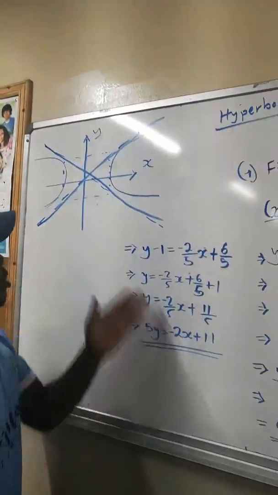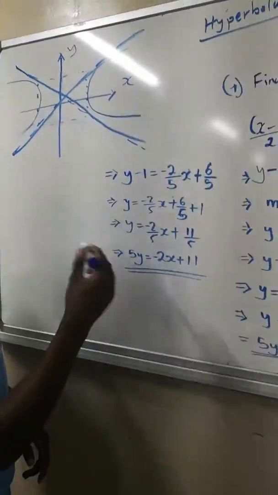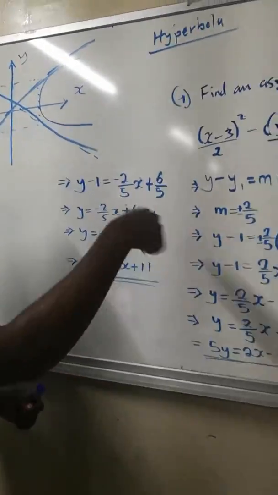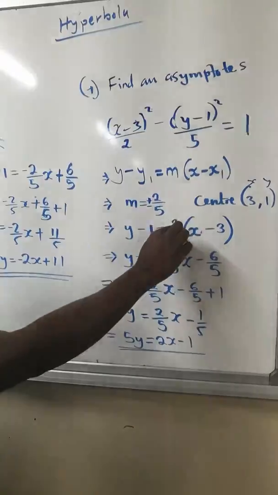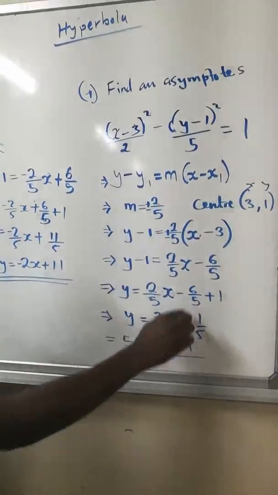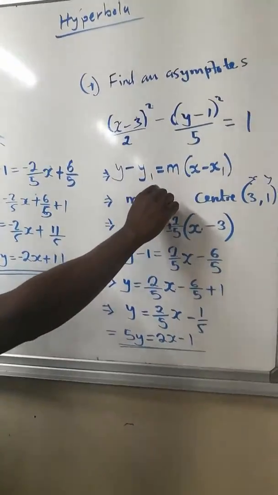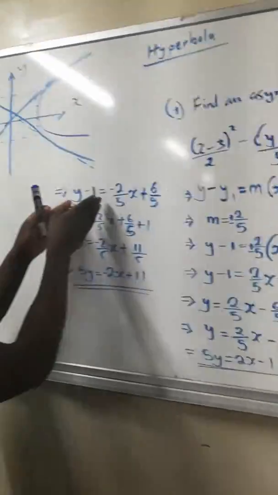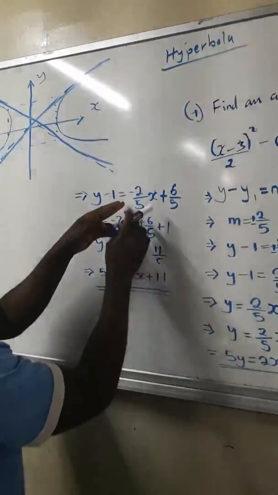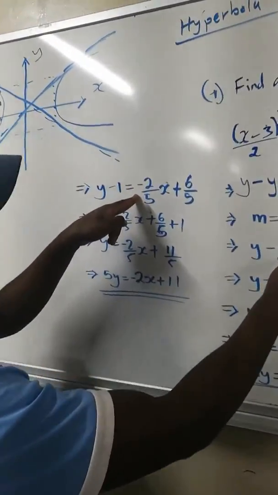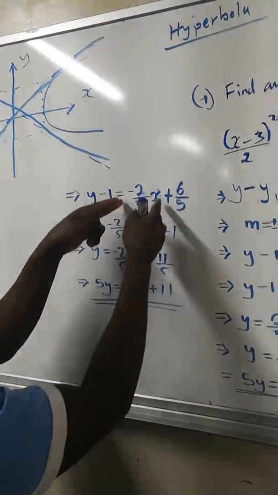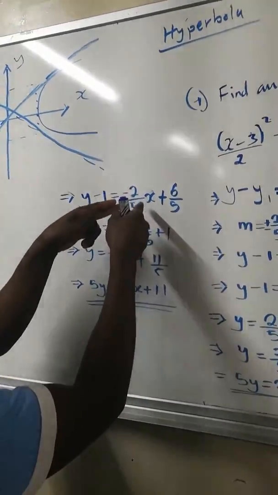Now, for the other line, where are we supposed to start from? We pick it from where we left, where we picked the positive sign. Now we get the negative gradient. So -2/5 multiplied by x gives us -2/5x.